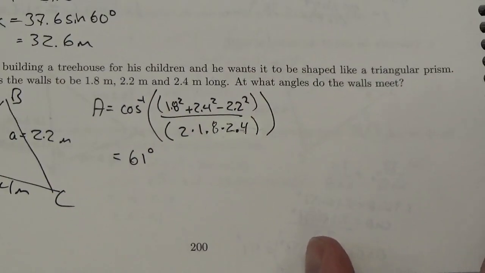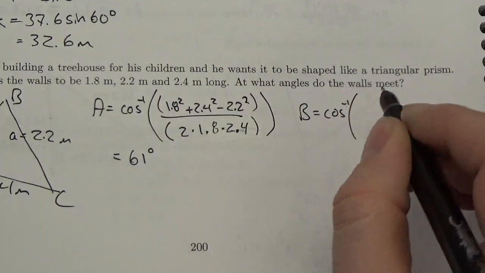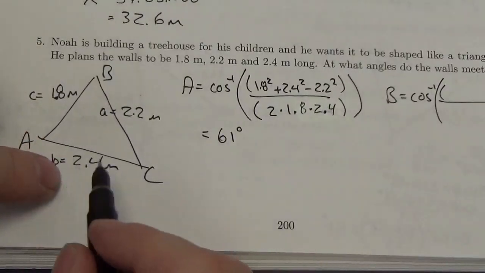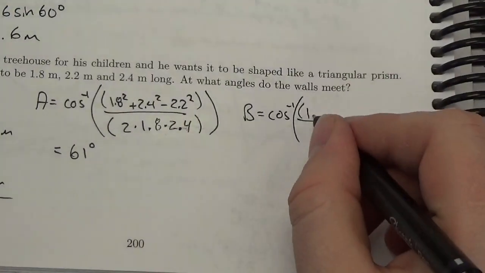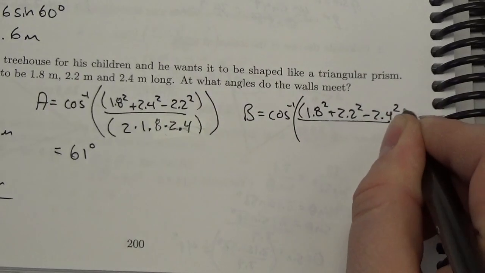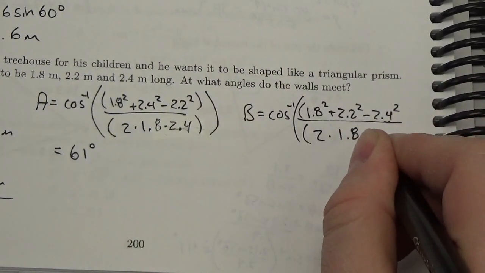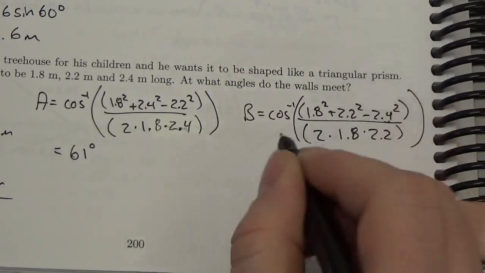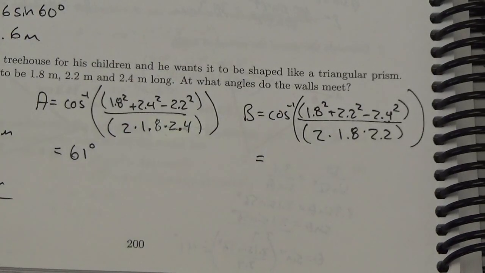Okay. Now, let's do that again for B. B will be the inverse cosine of, well, this time I want to subtract the 2.4 from that. So it'll be, let's say, 1.8 squared plus 2.2 squared minus 2.4 squared over 2 times 1.8 times 2.2. Close all of the parentheses. And again, this is just calculator work.